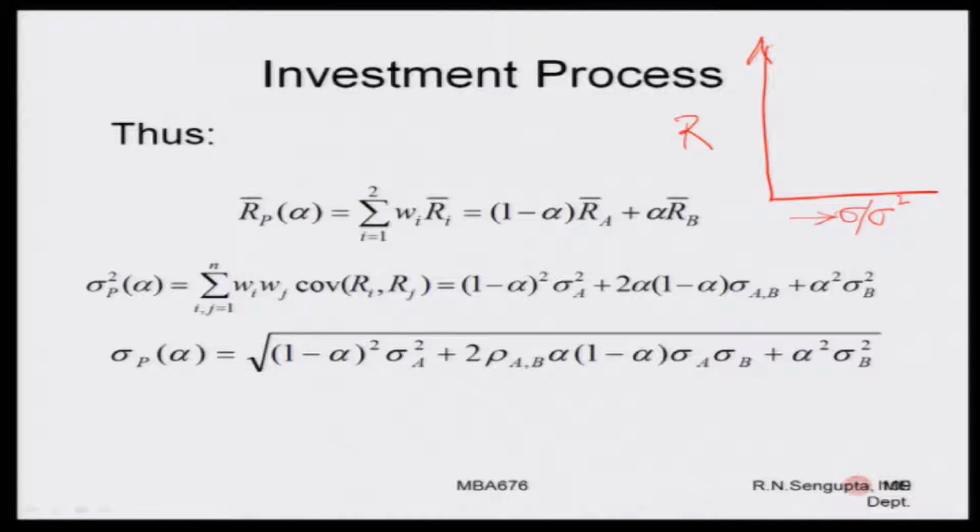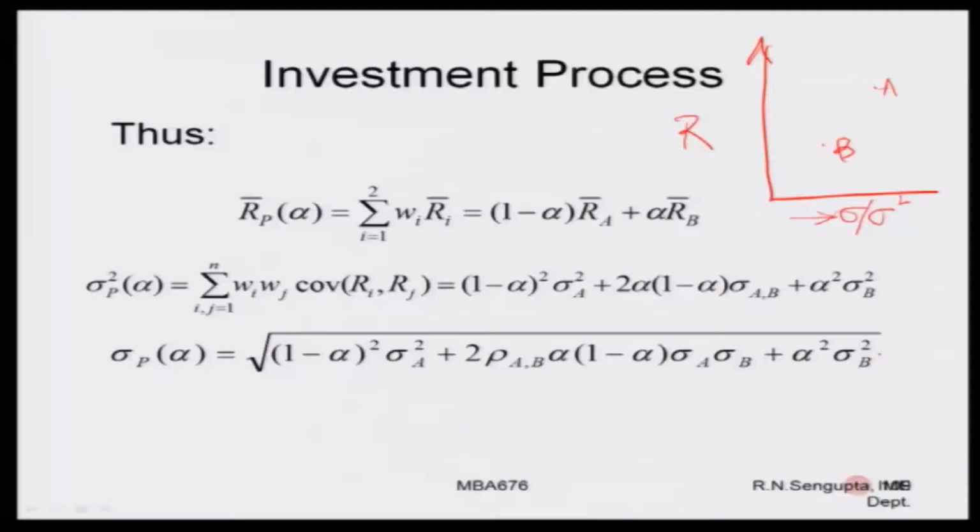Now, if you remember what we had discussed, there were two different stocks, point A and point B. The variance of the portfolio is given by sigma square suffix p, as in the last equation in this slide, where alpha is the weightage out of 1, which is out of 100 or 200 rupees, whatever amount you have.